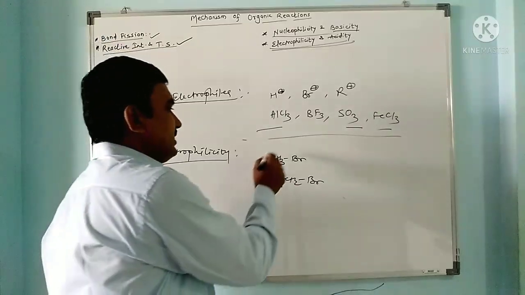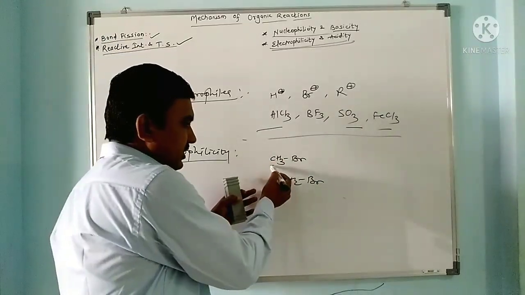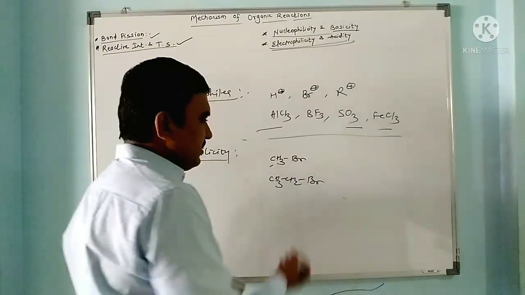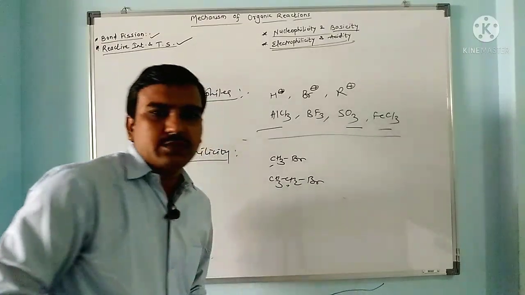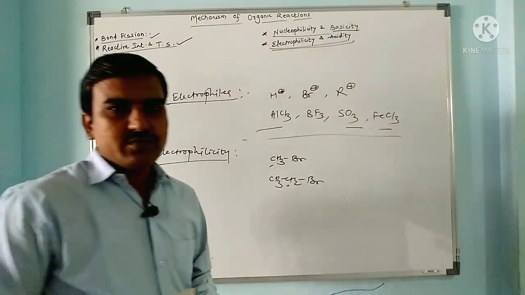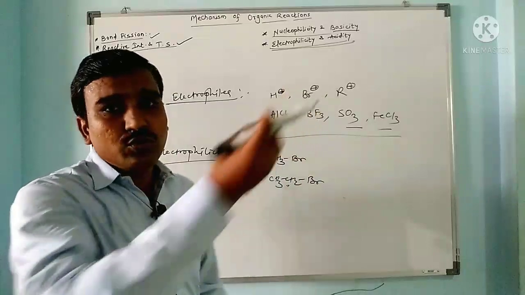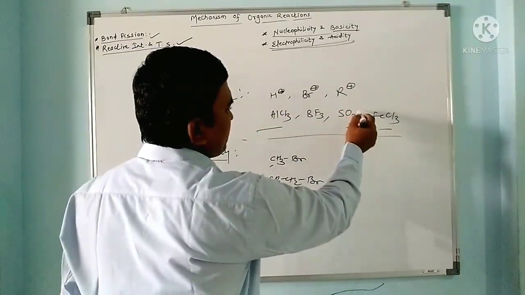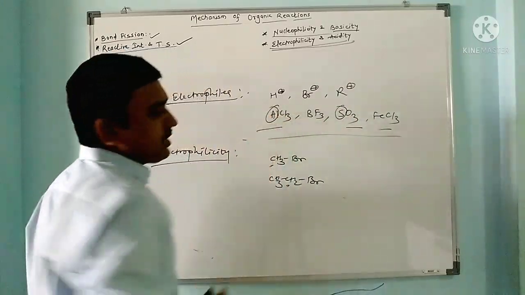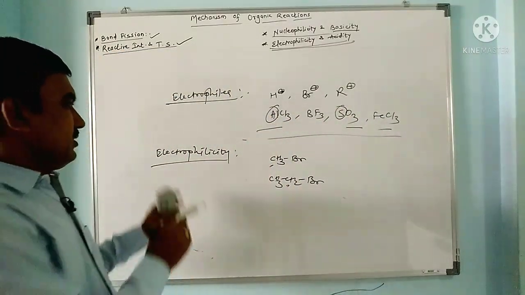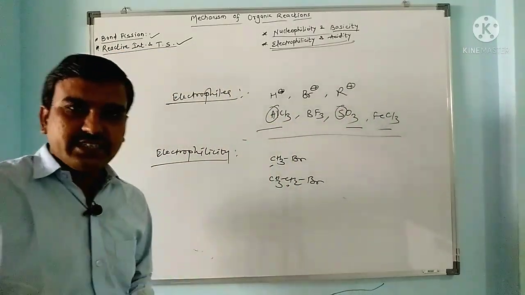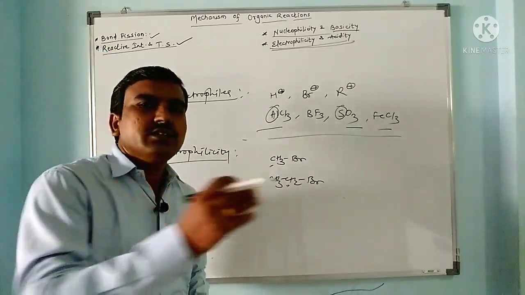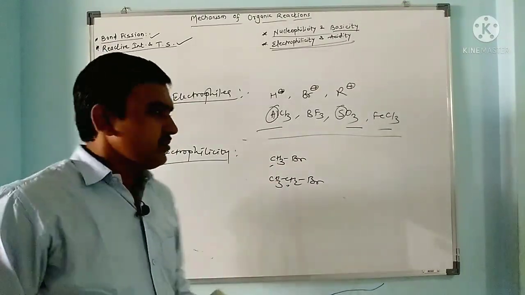This is the ability of this carbon to accept an electron pair, and this is the ability of this other carbon. Same here, the electrophilicity of this sulfur and of this aluminum is different. So electrophilicity is a kinetic term which decides the rate of reaction.